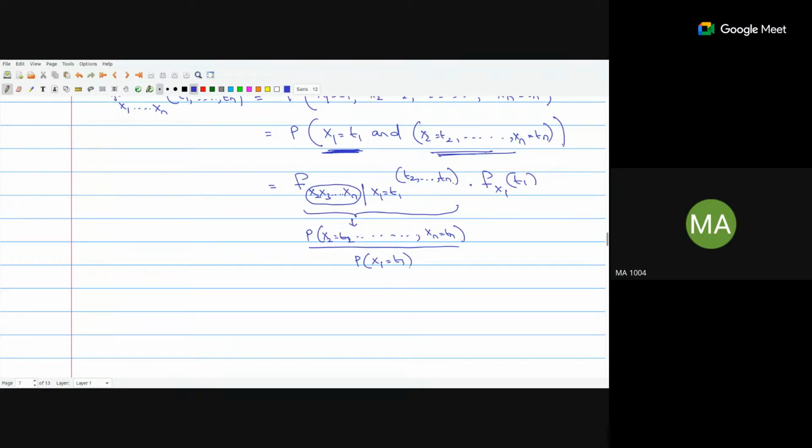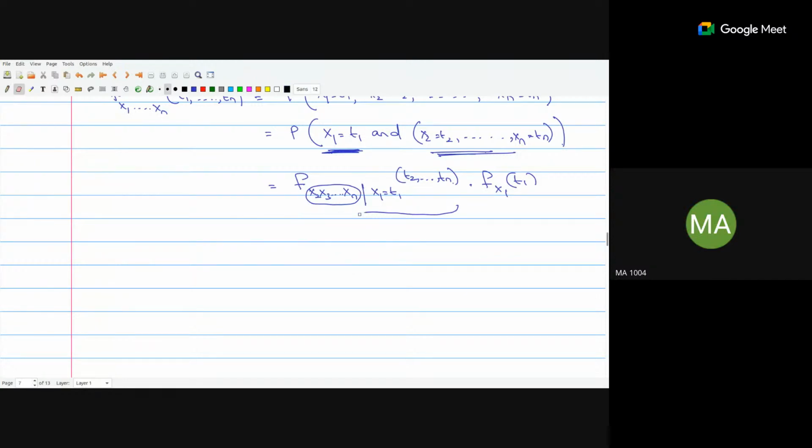Condition is joint by marginal, right? Maybe I am going in the wrong direction.